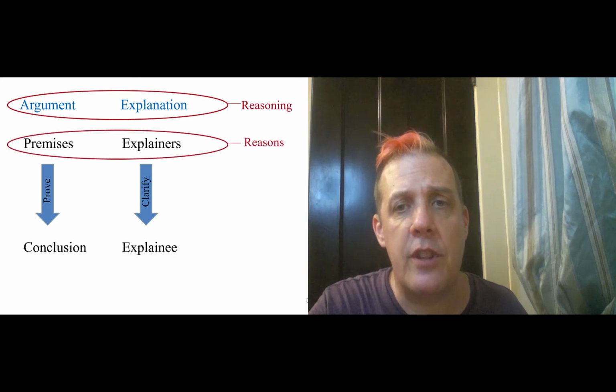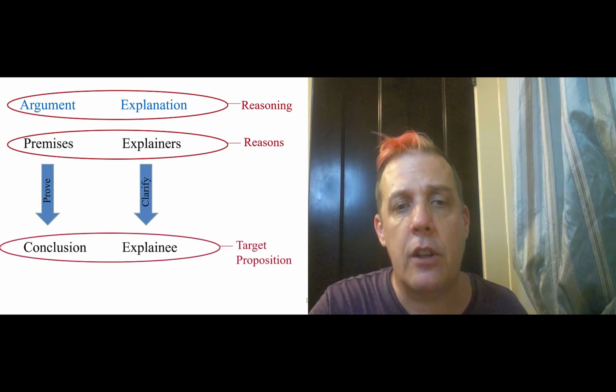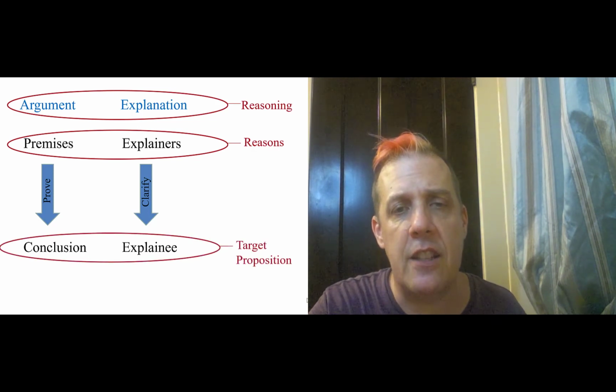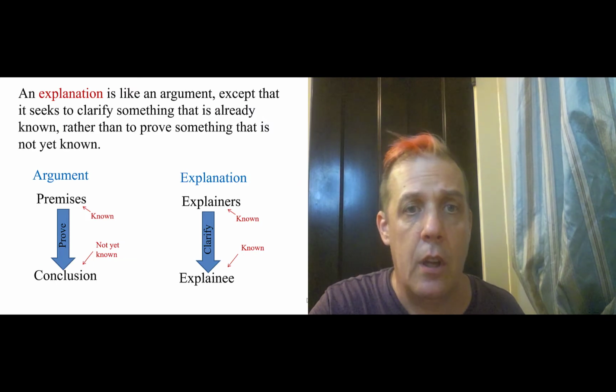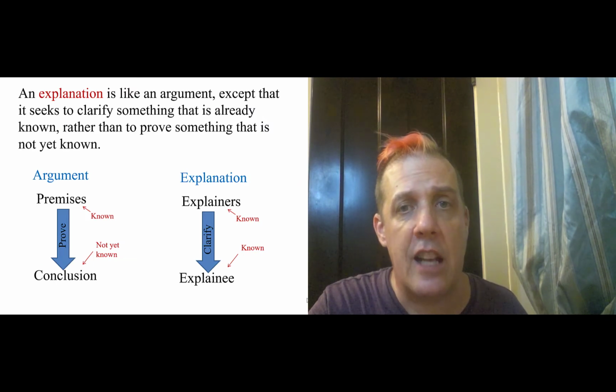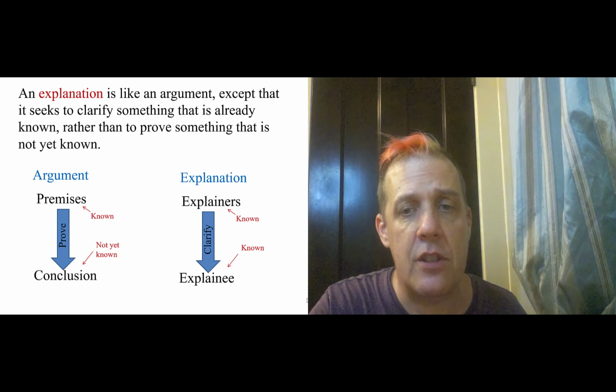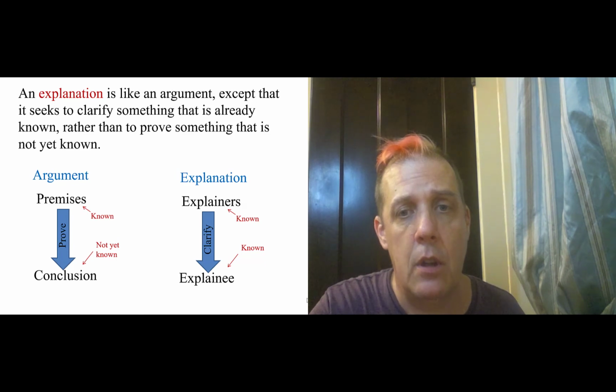The premises or the explainers can be thought of as reasons, and the conclusion or the explainee is the target proposition. So again, an explanation is exactly like an argument. The difference is that the thing at the bottom is not known in the case of an argument and known in the case of an explanation.